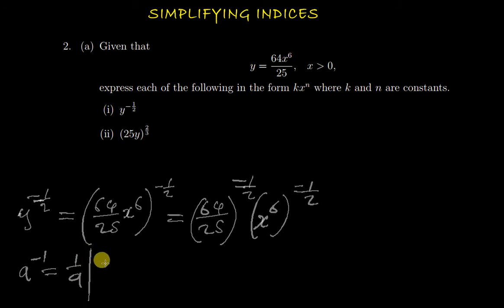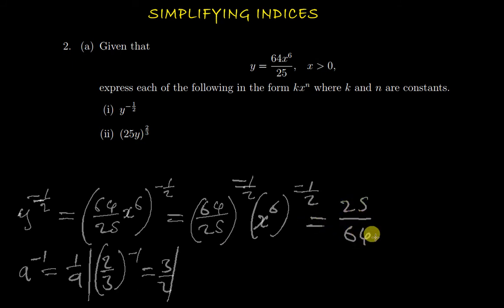So if you have 2 over 3 raised to the power negative 1, this is just the same as 3 over 2. The same applies here. If we want to get rid of the negative in front of half, we can simply switch what is inside the brackets: 25 comes on top and 64 goes down.